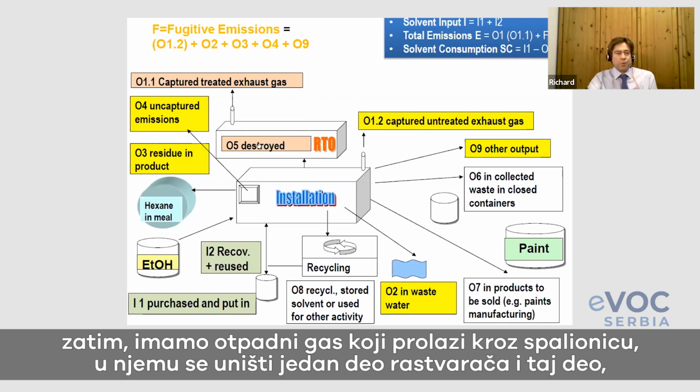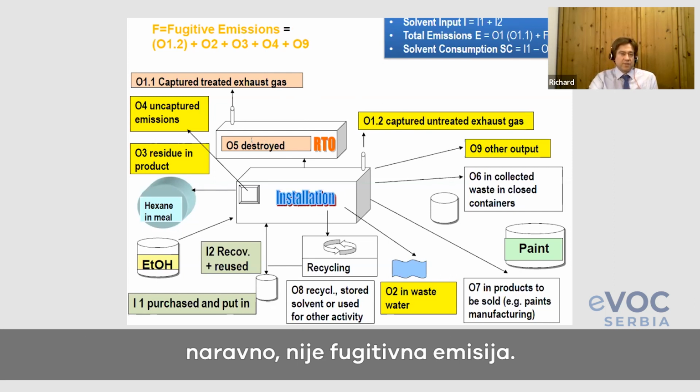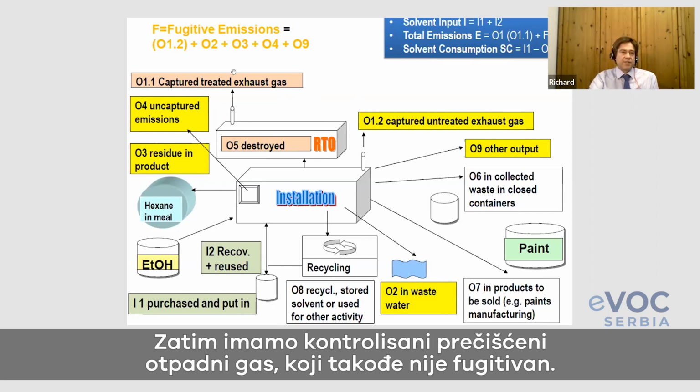Here we have waste gases, that is where you have a thermal oxidizer, then you destroy those quantities of solvents, and of course those quantities are not under fugitive emissions. And then you have a captured treated exhaust gas, of course that is not fugitive too.